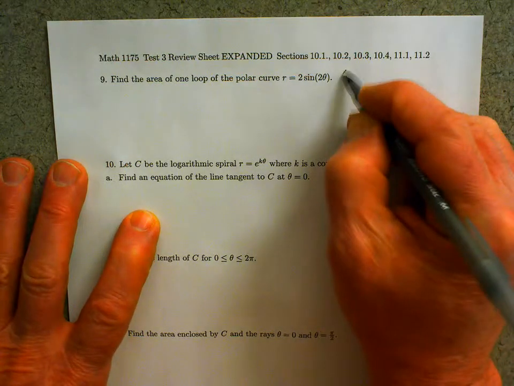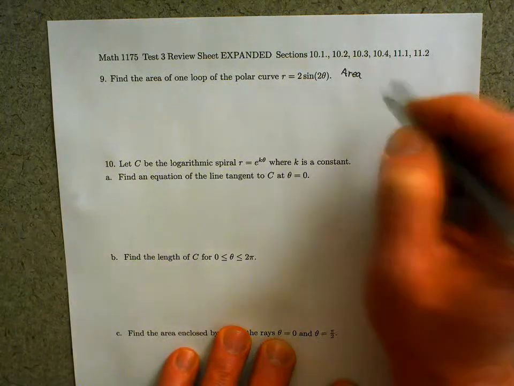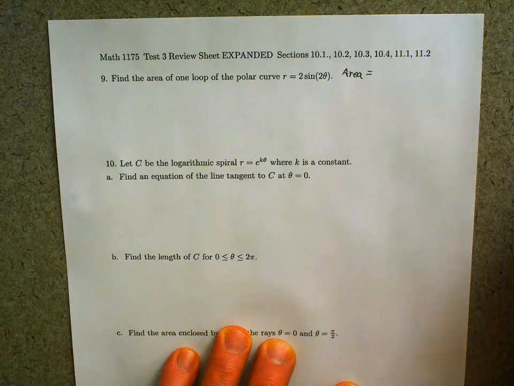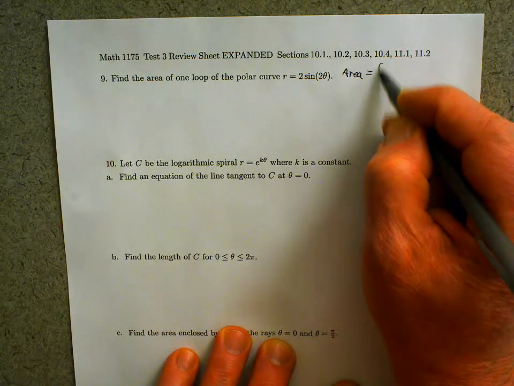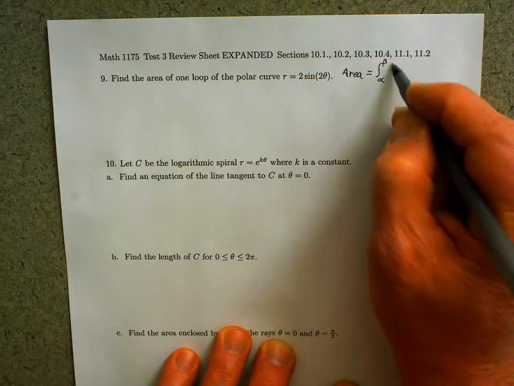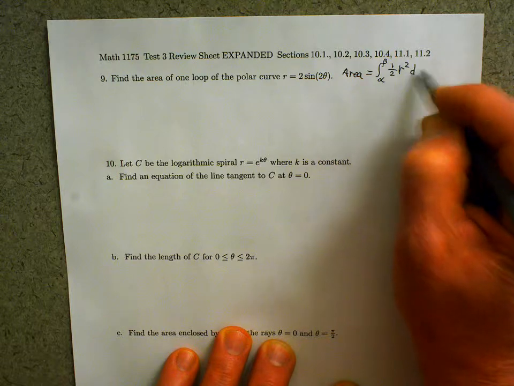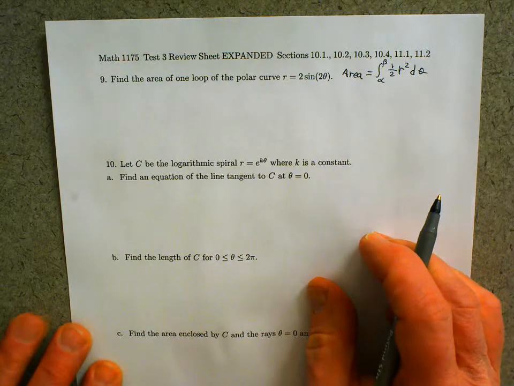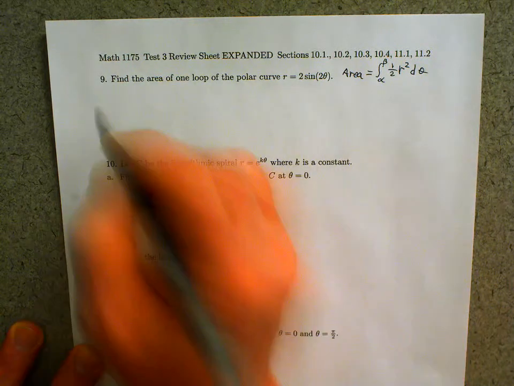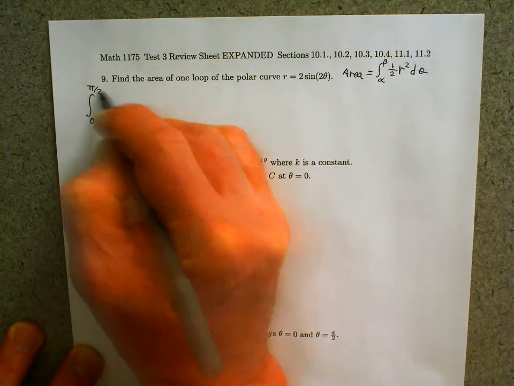Okay, so the area formula, we alluded to it in the previous problem, but the area enclosed by a polar curve from theta equals alpha to theta equals beta, the integrand is 1/2 r squared d theta. Okay, so for this one, the loop occurs between 0 and pi over 2.